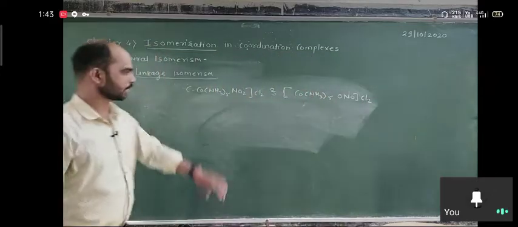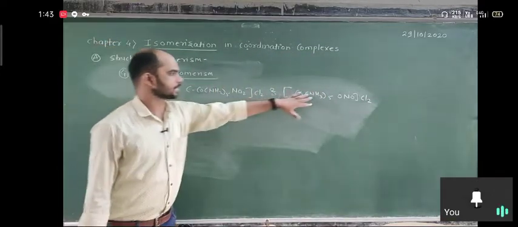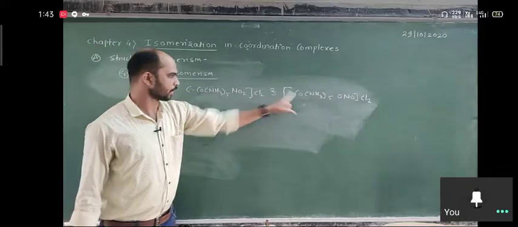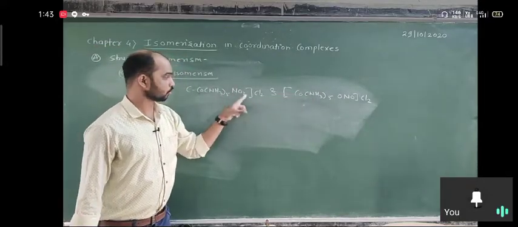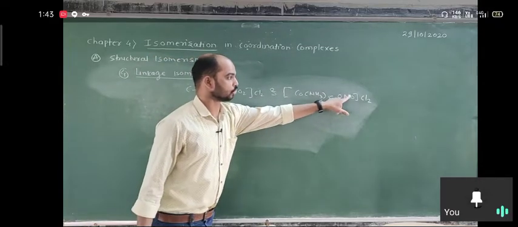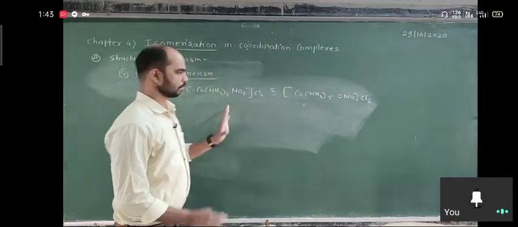Okay, so let us see here. Both have the same molecular formula, cobalt, 5NH3, Cl2, NO2, again NO2, but the molecular formula is the same. But what is the difference?